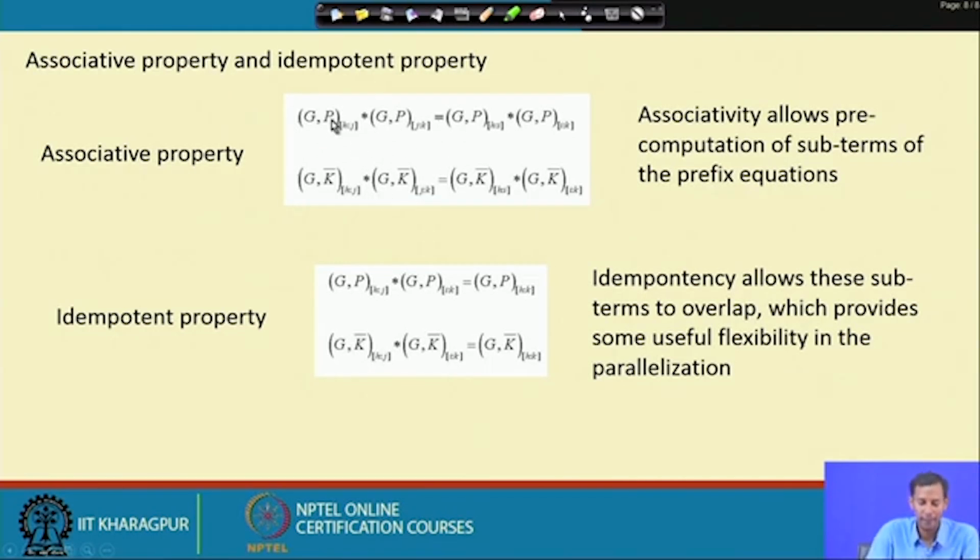So, if I am having this Gp, this is the dot operation with this Gp of Jk.